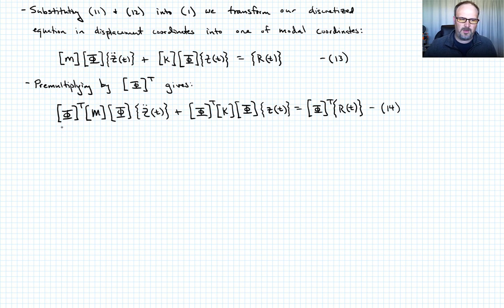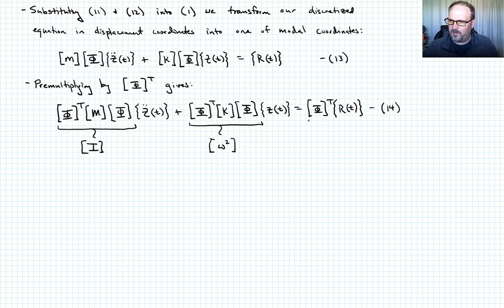And what do we know? Well, we've already said what this term must be, right? This must be the identity matrix. We also know what this term is, right? This is that spectral matrix, omega squared. And we're going to go ahead and define this quantity as r phi, just to remind you, this is a mapped force vector, right?